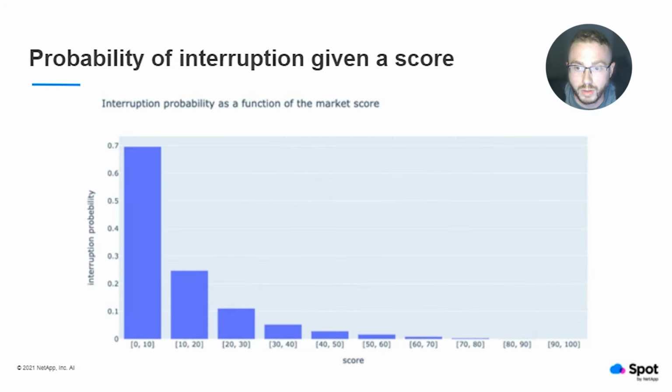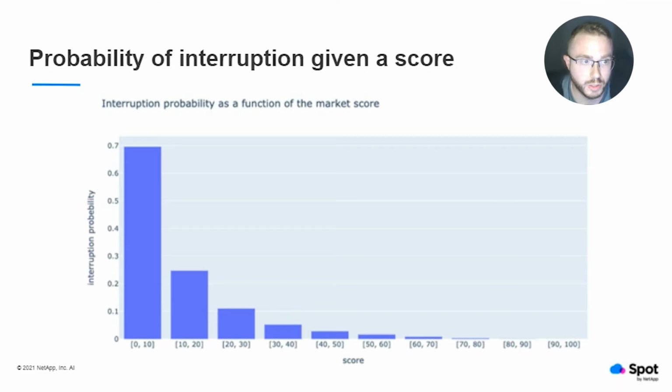So two statistics that I think are important when we are trying to evaluate how good the market score is. The first thing is, what we want is that a low score will mean that there is a high chance of the market being interrupted.